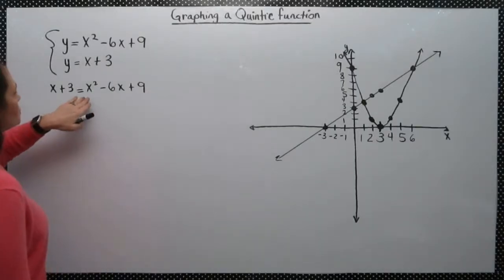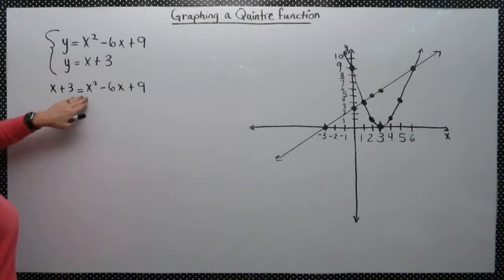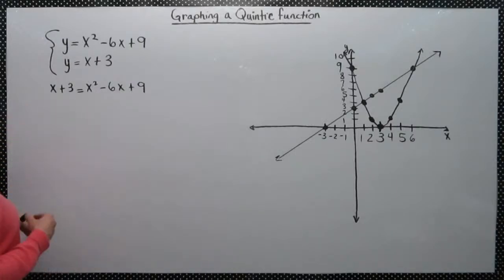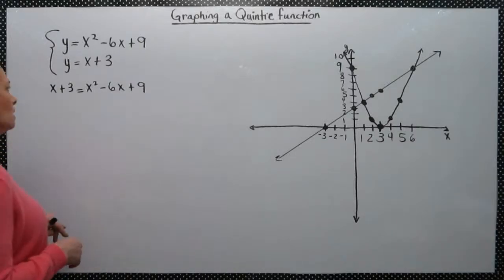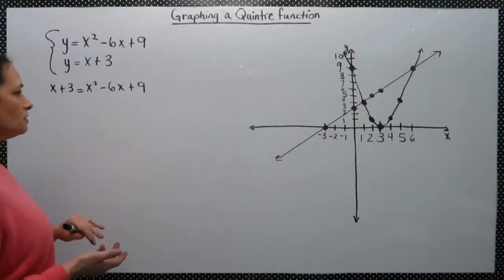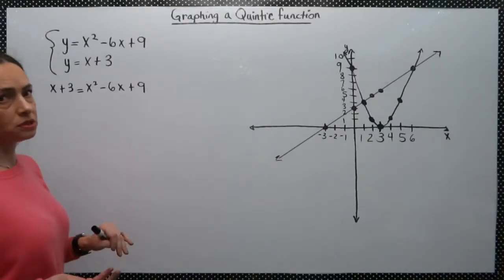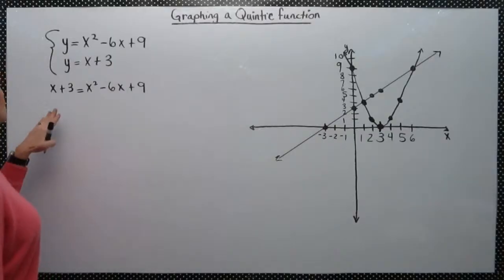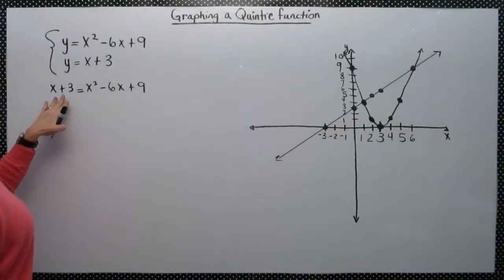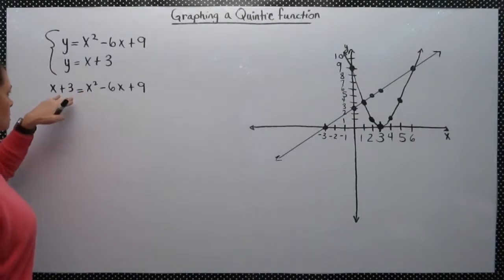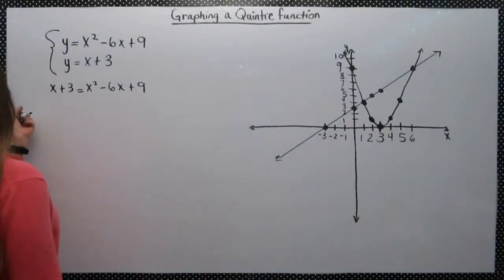So what we're going to do is we're going to figure out how we're going to solve this, and remembering the three methods. So if you're wanting to solve it, find your zeros, essentially what you have to do is you have to set it equal to 0. So if I subtract the quantity x plus 3 from both sides, then I'll be able to do that.